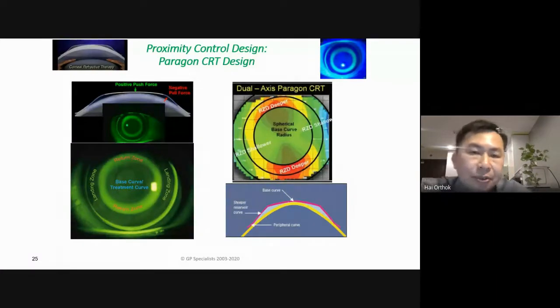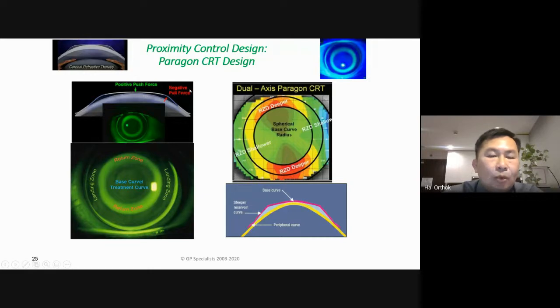I would like to show you the difference between the Paragon CRT design and other designs, especially the IC and Fargo designs. Paragon is a proximity design, and it reduces the height in order to compress on the cornea. We can see the positive 4 right here.